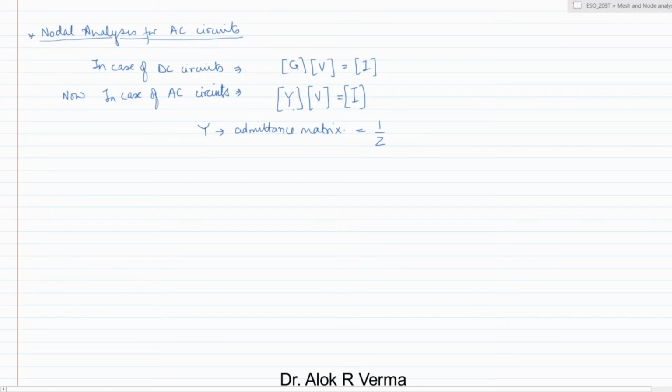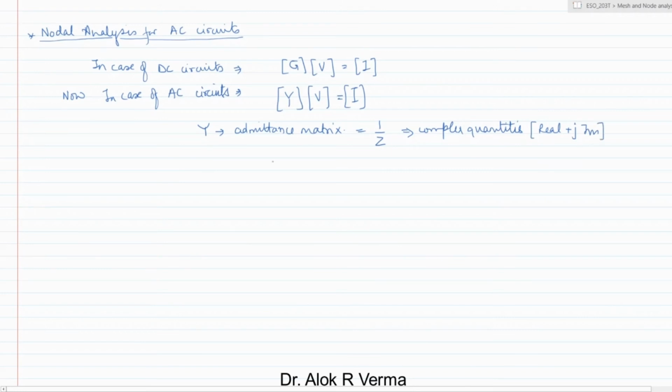So Y elements are complex numbers, whereas in G those were regular non-complex quantities, correct? So here these are basically complex quantities, real plus j times imaginary, this kind of numbers.